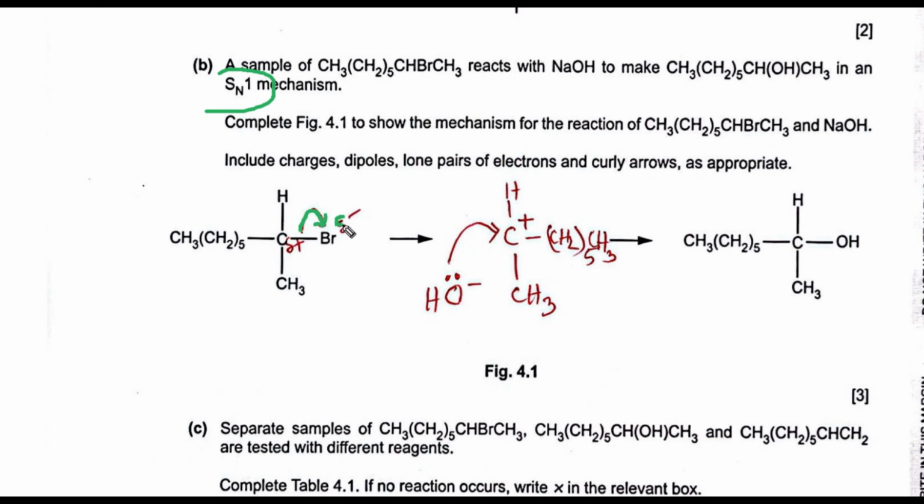This becomes partially negative, delta minus. Carbon becomes delta plus. So as bromine takes the electrons, it becomes a bromide ion, and this positive carbocation is formed.